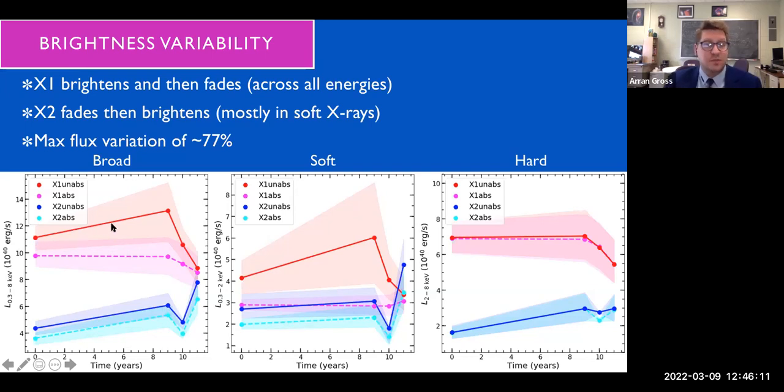The X1 region brightens a bit and then seems to drop in flux rather precipitously. X2 brightens a little bit, there's a little dip, and then it brightens to be almost as bright and broadband as X1, the larger region. So we do see some somewhat dramatic changes in the flux over the course of this somewhere around 10-year period.